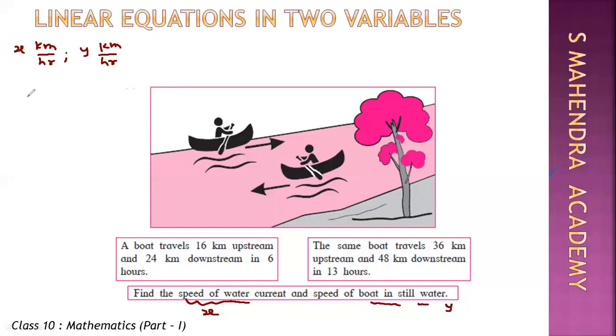Therefore, moving upstream will have the net speed of y minus x kilometer per hour, and moving downstream, the net speed will be y plus x kilometer per hour.